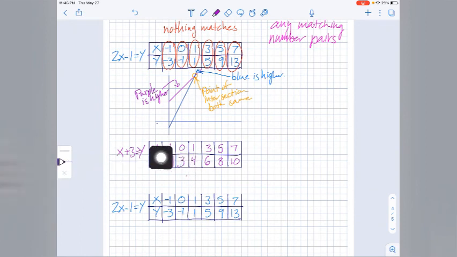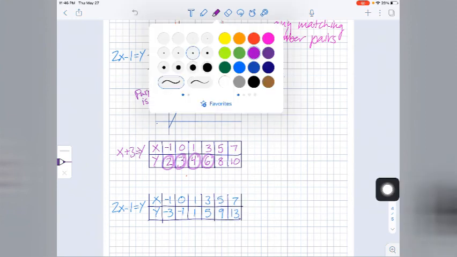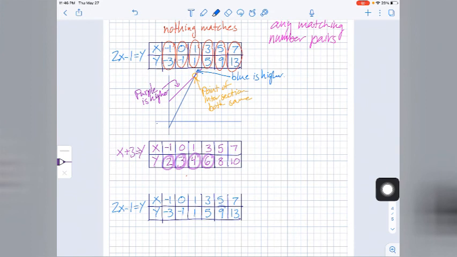In figure number 0, purple is 3 and blue is at -1, so purple is higher. In figure 1, purple's at 4 and blue is at 1. In figure 3, purple's at 6 and blue is at 5, so purple is still higher. In figure 5, purple is 8 and blue is now 9. So blue has just become higher.